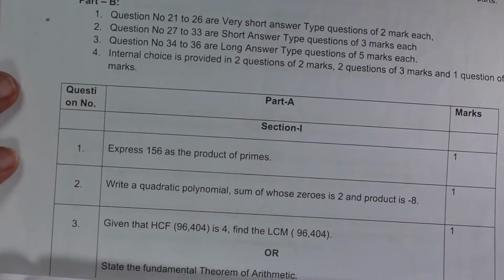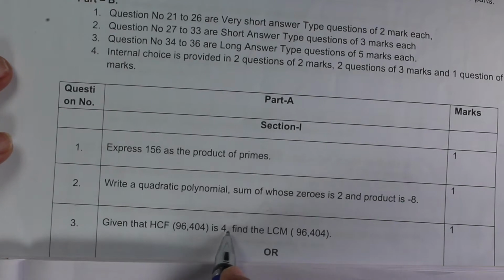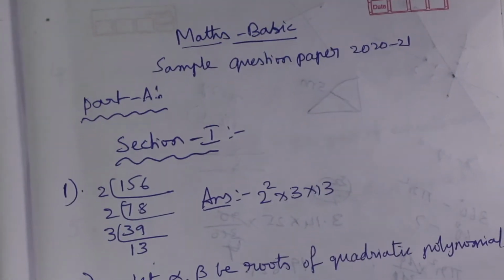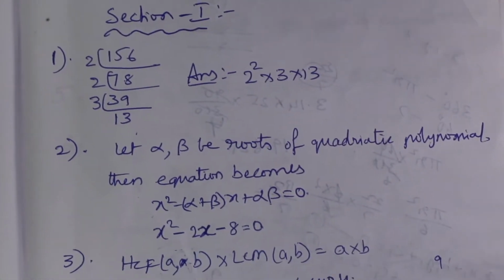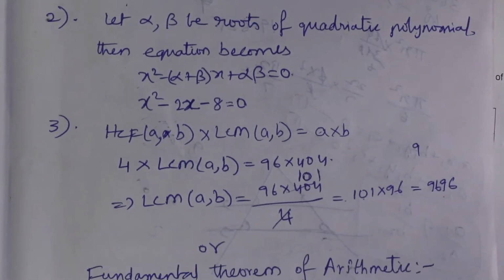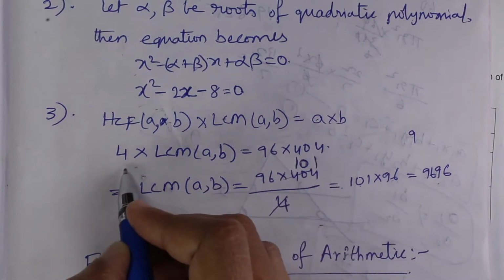third question. Given that HCF of 96 and 404 is 4, find the LCM of 96 and 404. So he has given the HCF of the 2 numbers. We have to find out the LCM of the 2 numbers. What is the HCF of 96 and 404? 4.